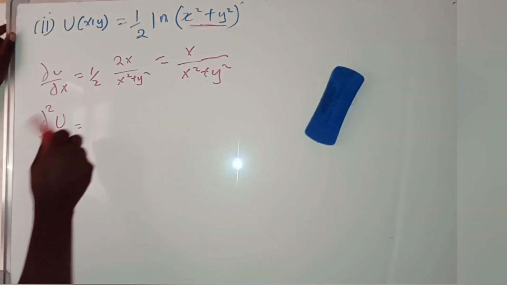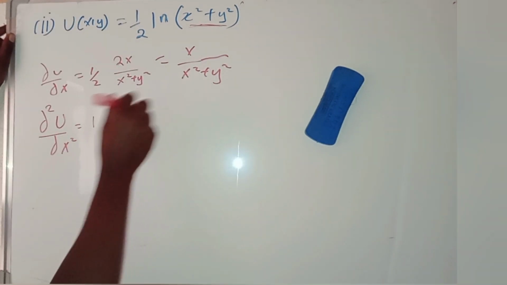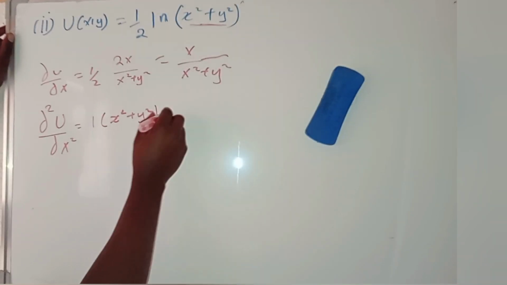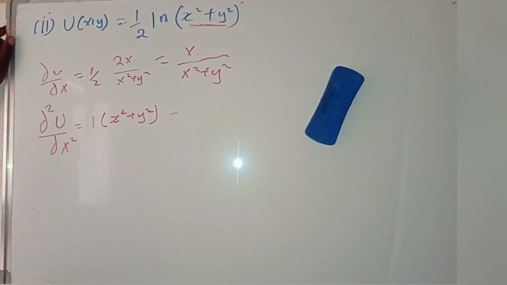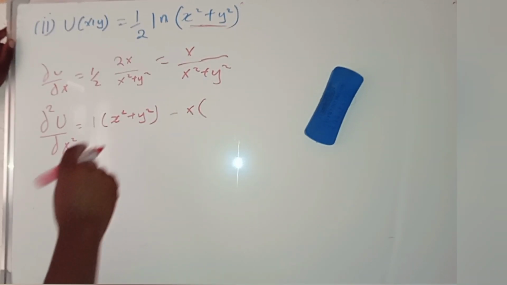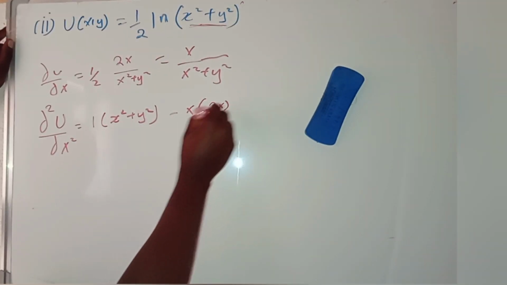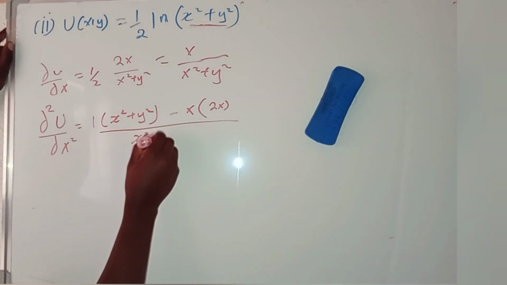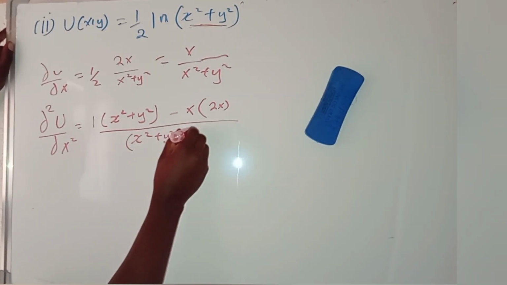The derivative of x is 1, multiplied by x squared plus y squared, minus x, the derivative of this with respect to x partially is 2x, divided by x squared plus y squared, squared.